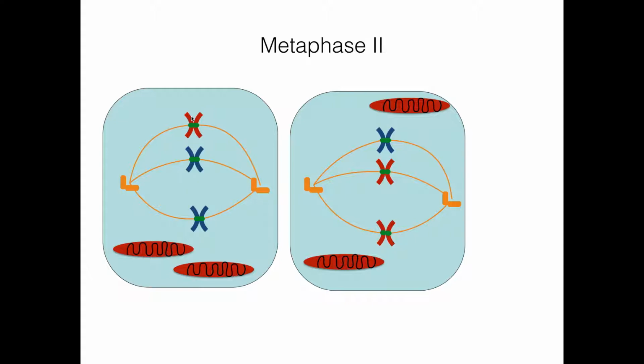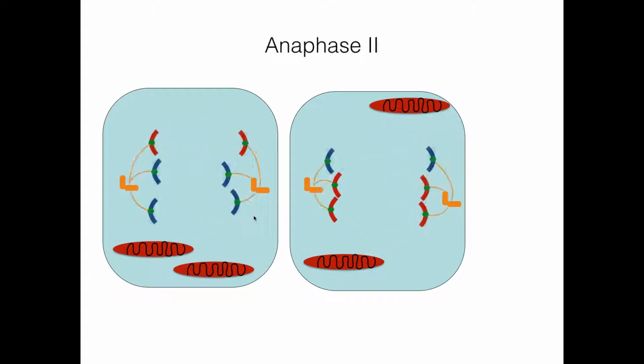In anaphase 2, we're going to split the centromere of each of these chromosomes, and one sister chromatid will head each direction.